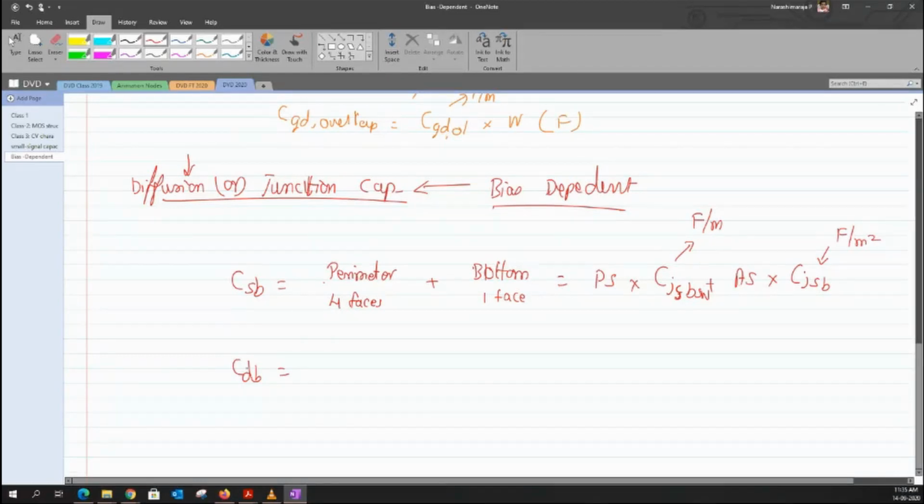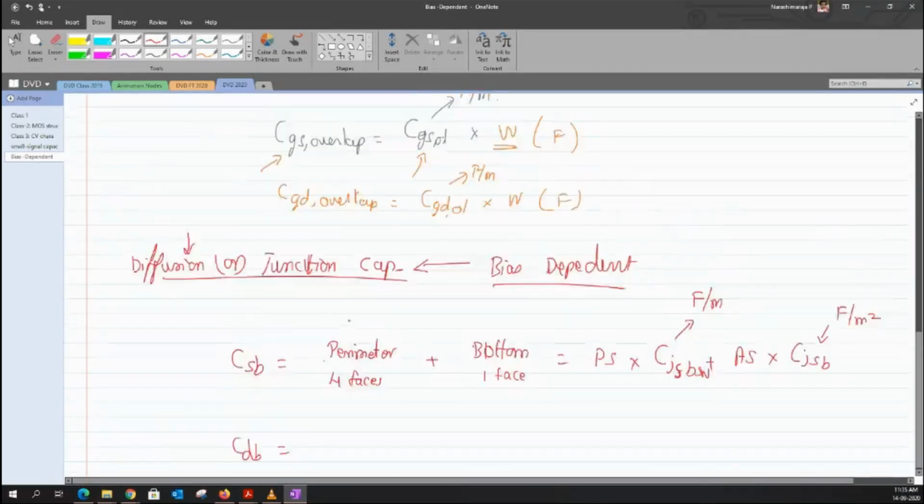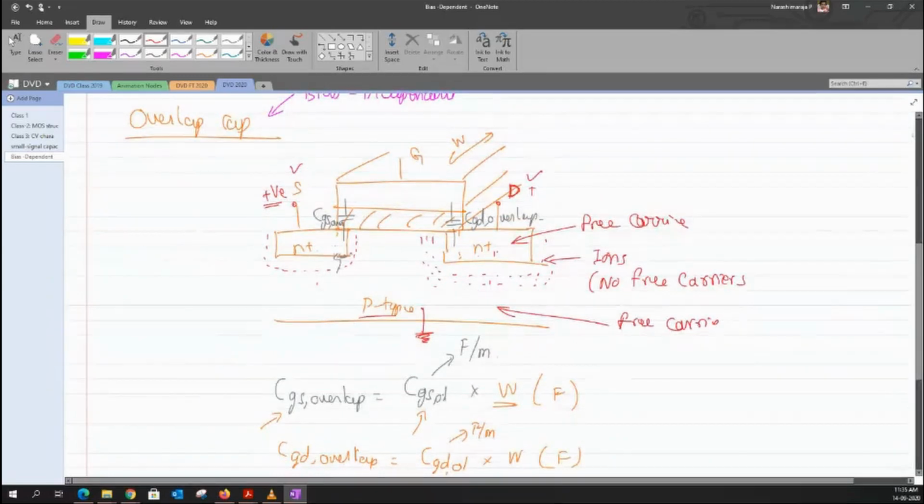Okay, so now if I just go back over here, in case I have created some sort of channel, even this channel that I have is again filled with N plus medium. So among this perimeter, what I have is the front face, the side face, and the back side face, which is the face opposite to this face 1.